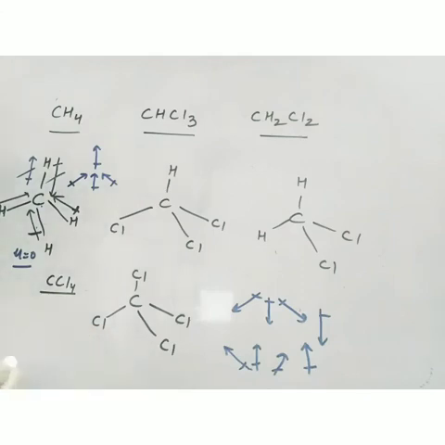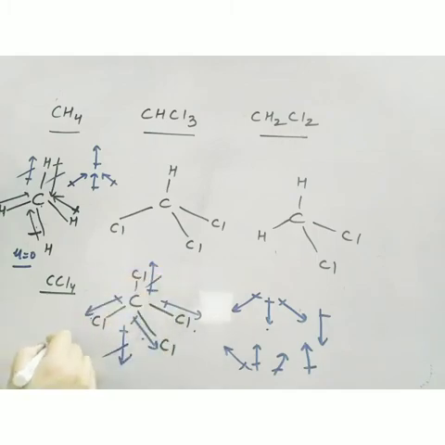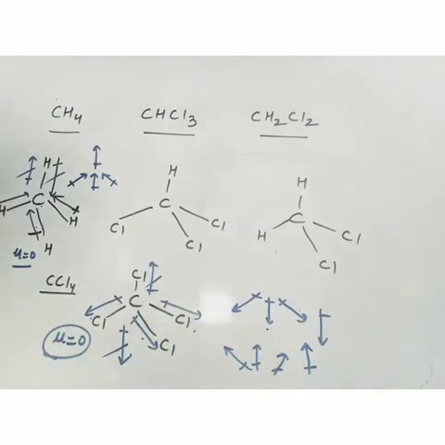Okay, suppose this example. Now chlorine is more electronegative, so I am putting the vectors. Now these 3 vectors are down, so resultant will be down. So resultant is down, this is up, so they will be cancelled. So the net dipole moment is 0 here. Okay, now try to solve these 2 questions.